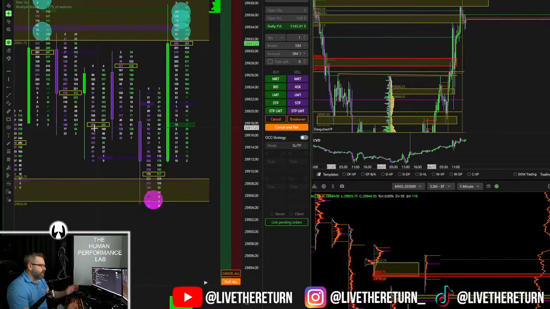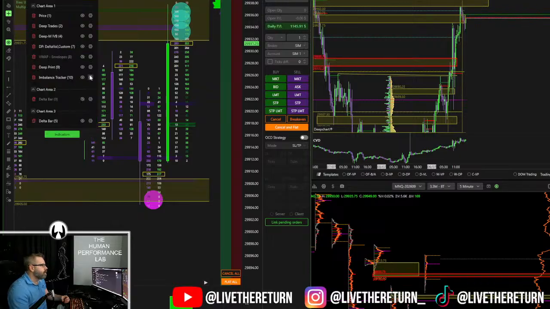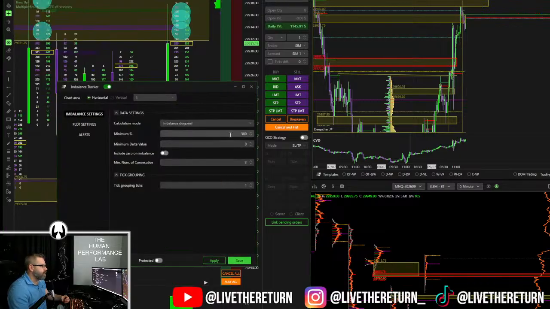Here's the problem with these things, okay? If you're going to use something like this, you have to understand how they're creating them. And then, because it's based upon volume, you need a way to normalize this number. It can't always be the same.